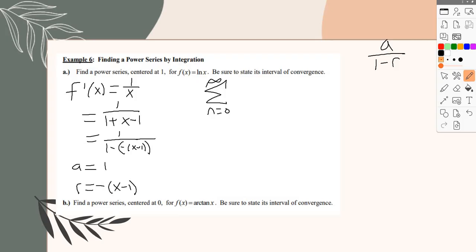Then it's A sub 1 times r to the n power, which again, I got my r just from looking at my equation. But looking at that, how might we probably write that instead? What do we tend to do with our negatives?